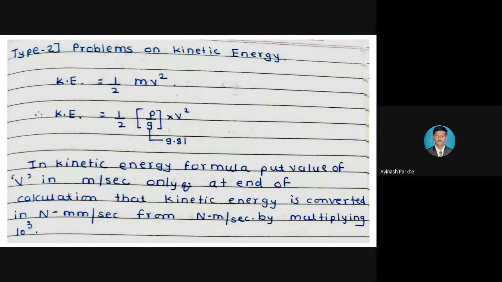Okay, have you understood these four numericals? Anybody having any problem related to these four numericals, that is problems based on the gradually applied load and problems based on the suddenly applied load? If you have any problem, please ask me.